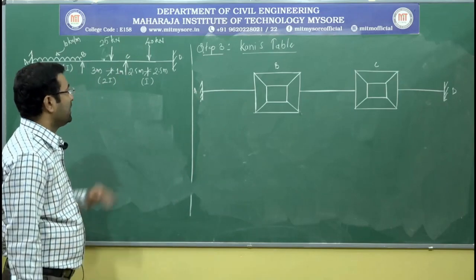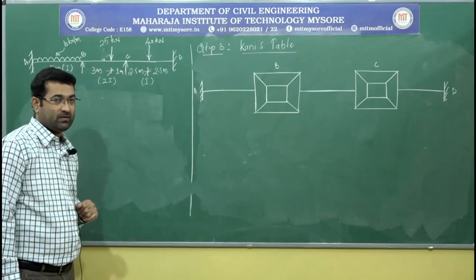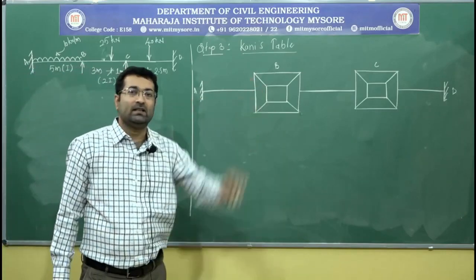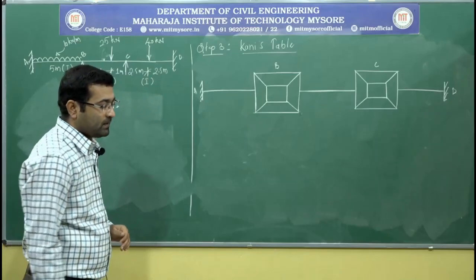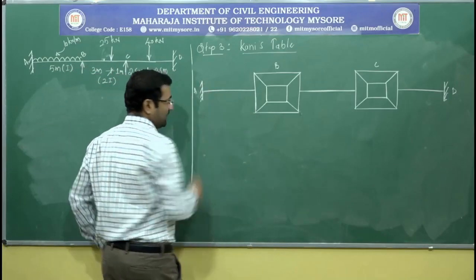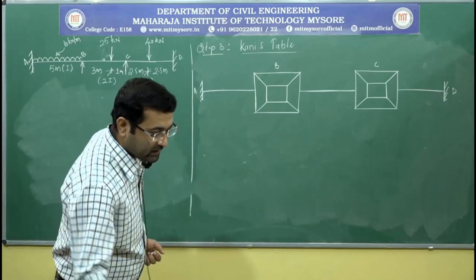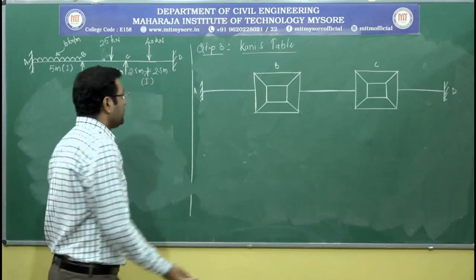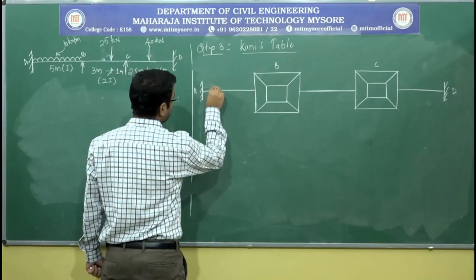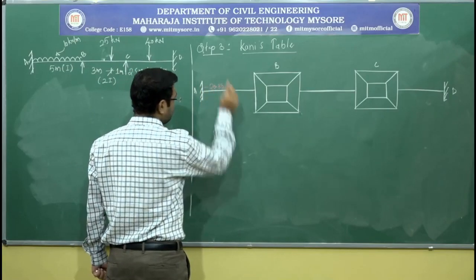First of all, we have calculated the fixed end moments. So, we have to represent all the fixed end moments in the Kani's table, somewhere here. The fixed end moment for member AB, that is MF AB, is minus 20.83.